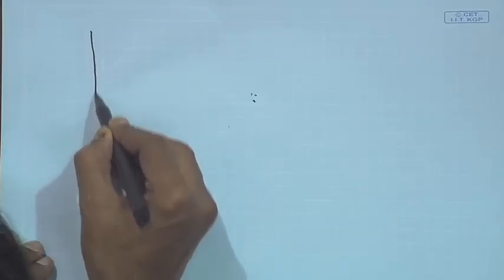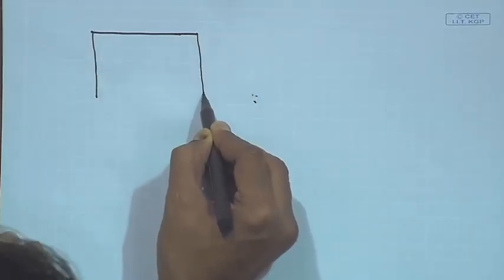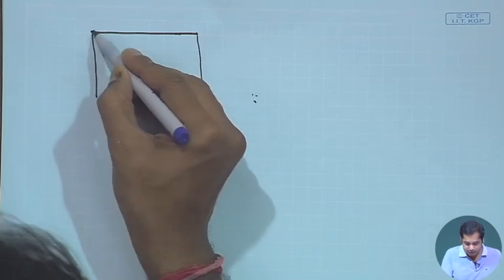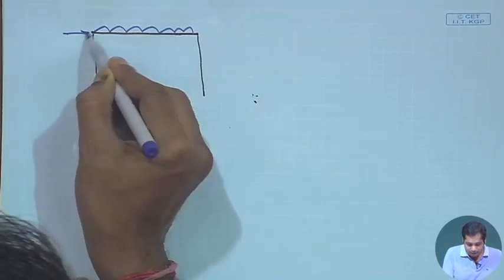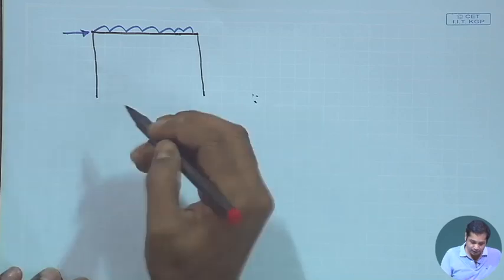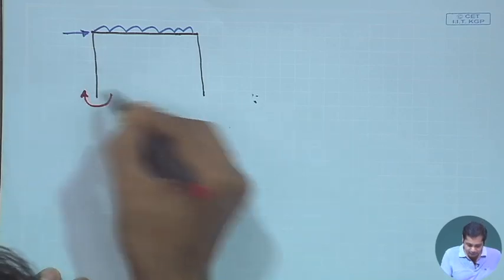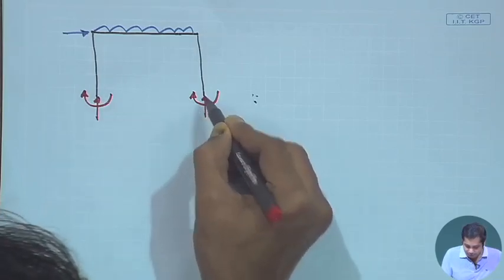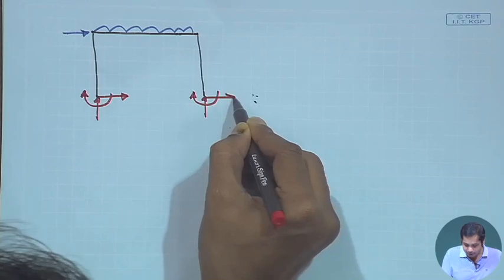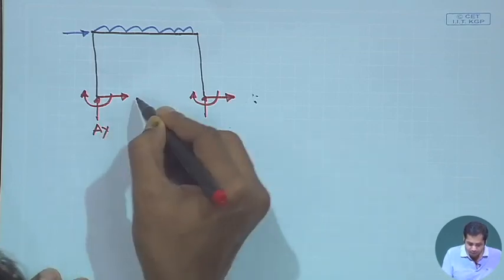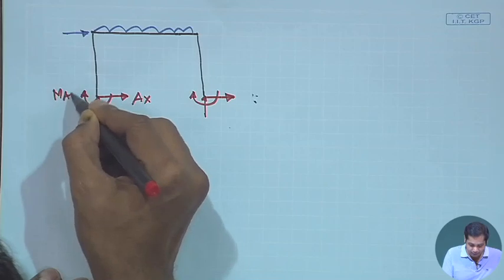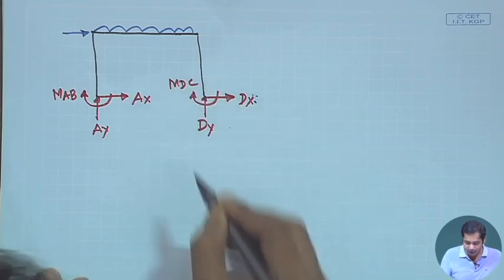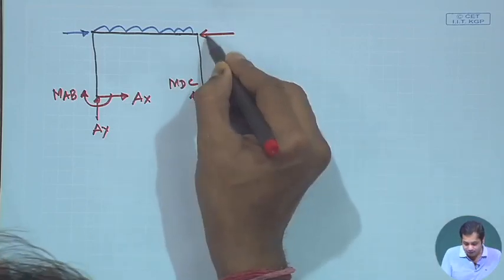If we draw the free body diagram of the entire structure, which is subjected to this load and then this load, in addition to that we have a moment here and a moment here, and then reactions here also, vertical and horizontal. This is Ay, Ax, it is MAB, and this is Dy, Dx, and this is MDC. And then we have horizontal reaction here, Cx.